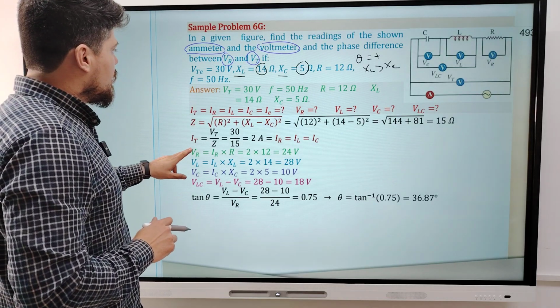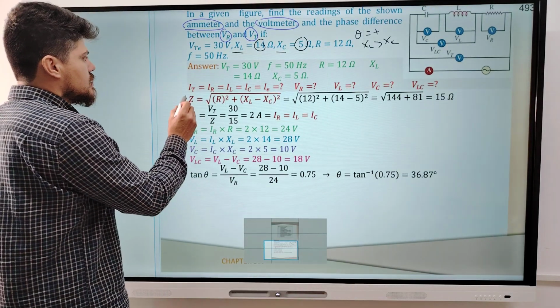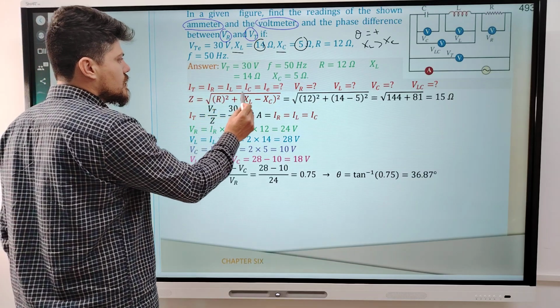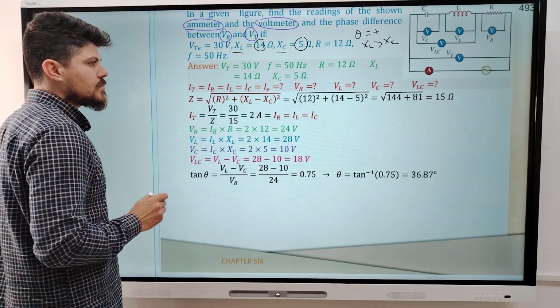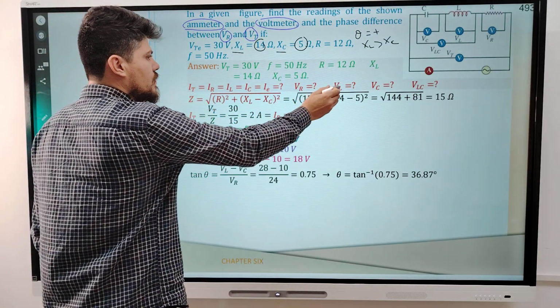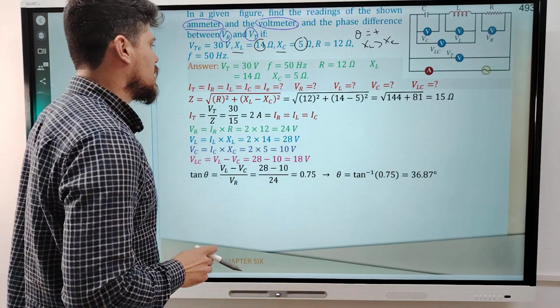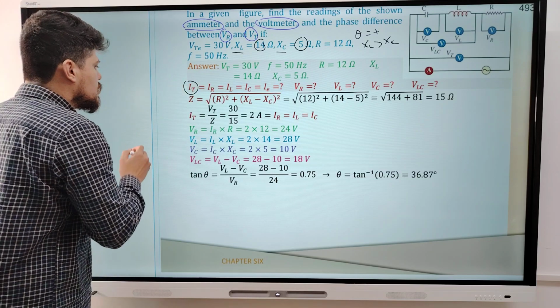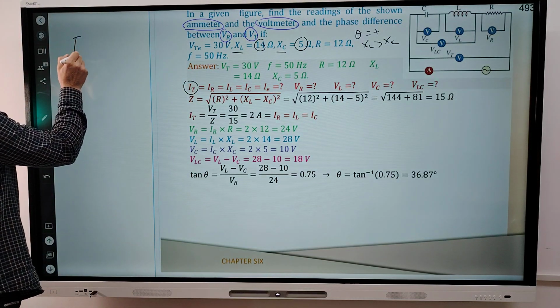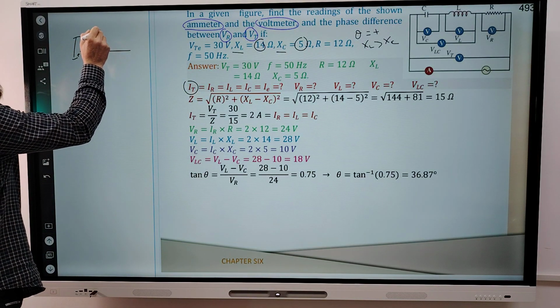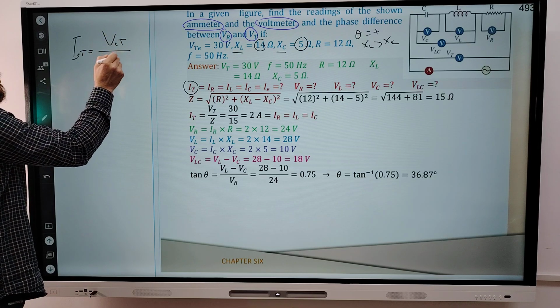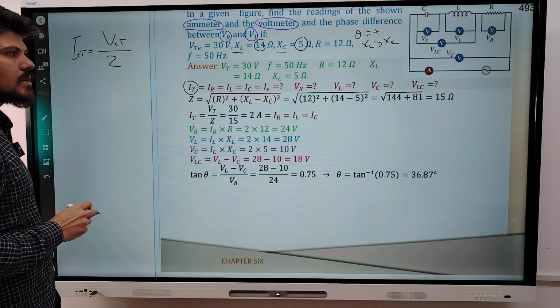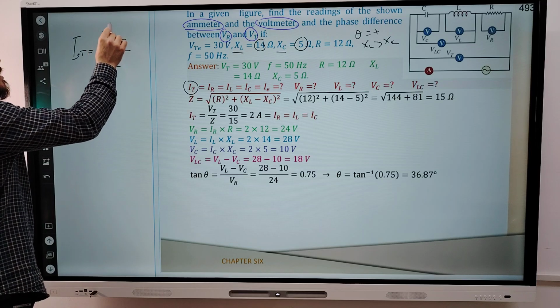Because the circuit is connected in series, the values of the currents are equal. But VR is unknown, VL is also unknown, and VC and VLC are unknown. To find the total current IE total, you have to use this equation: VE total over Z. Do we have VE total?